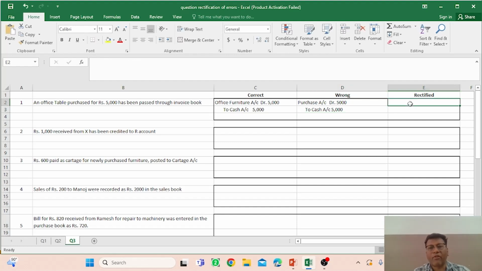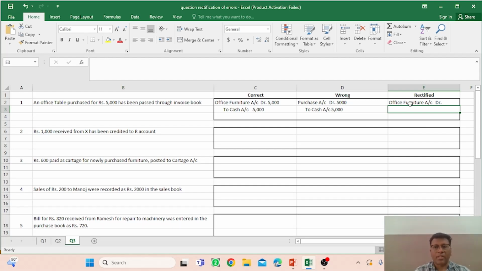Now you have to rectify this entry. As you see, office furniture should have been debited by rupees 5,000, but you did not make this entry; the office furniture account was not debited. So you have to make the entry office furniture account debit, and because the purchase account was wrongly debited, now you have to correct it by taking this account to the credit.